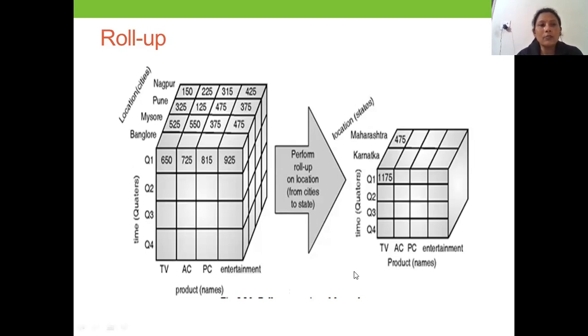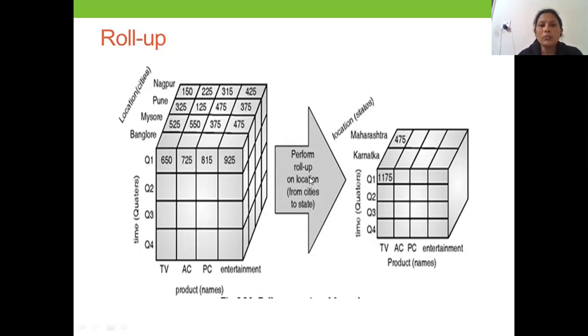As we can see, Mysore and Bangalore belong to Karnataka, while Pune and Nagpur belong to Maharashtra. So a consolidated report, location state-wise, a manager needs to perform. For that, he has to perform a roll-up operation.